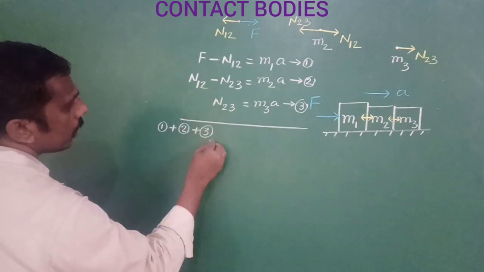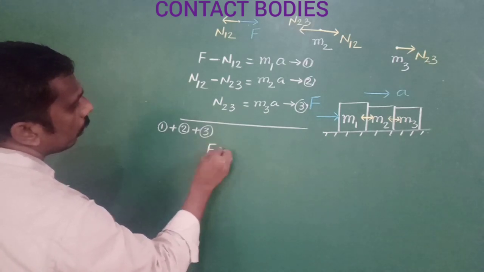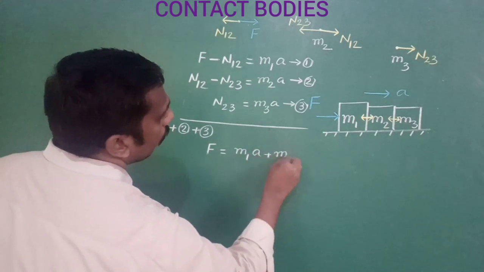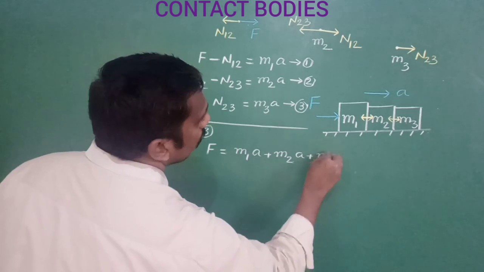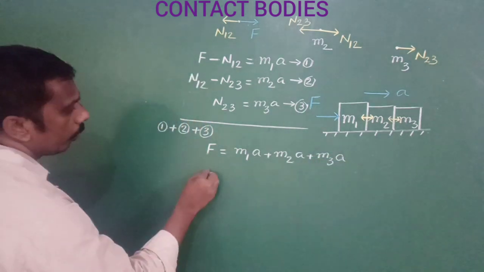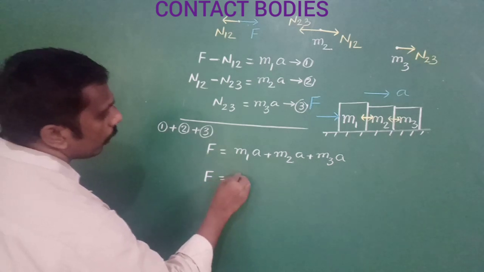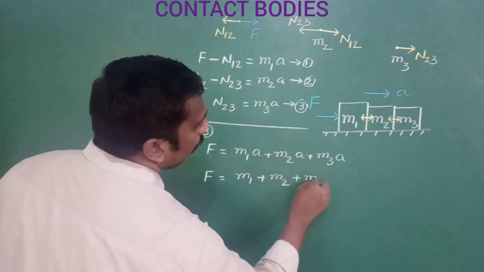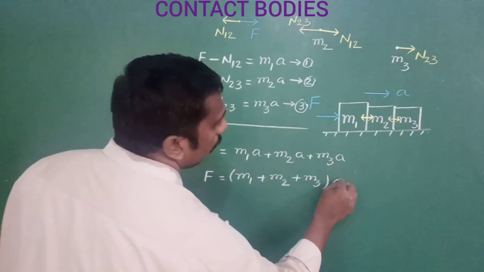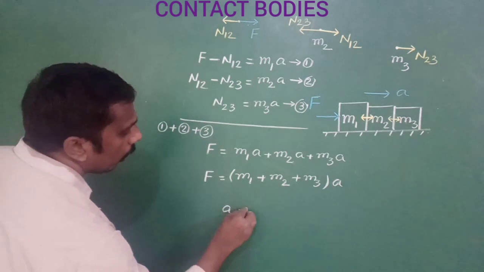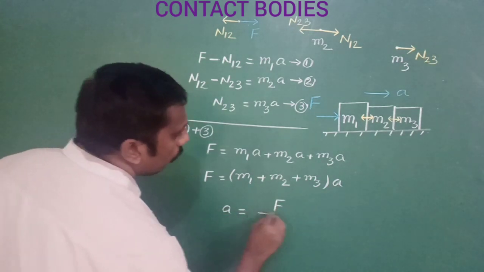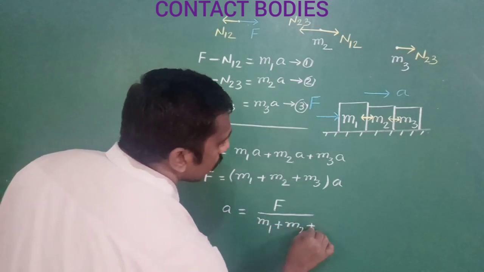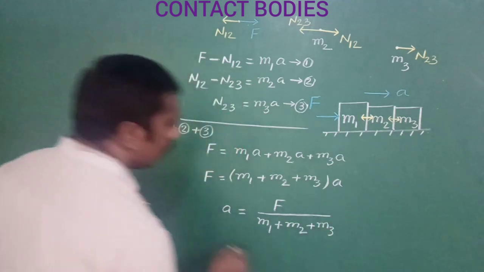Finally, on the left hand side we get only F and on the right hand side we get M1 into A plus M2 into A plus M3 into A. F is equal to, taking A common, (M1 plus M2 plus M3) into A. Finally, acceleration A is equal to F by (M1 plus M2 plus M3).